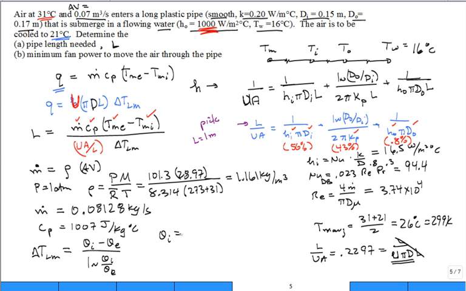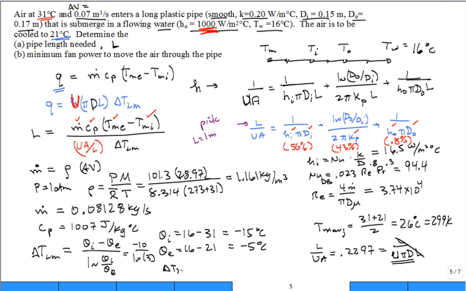Theta inlet will be 16 minus 31, which is negative 15 degrees C. Theta on the exit is going to be 16 minus 21, negative 5 degrees C. So the log mean temperature difference is negative 15 plus 5, that'll be negative 10, divided by the natural log of 15 over 5, or natural log of 3.